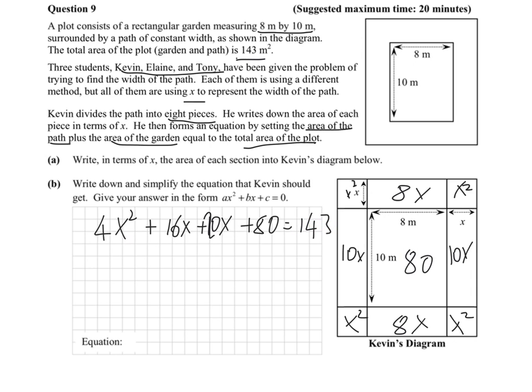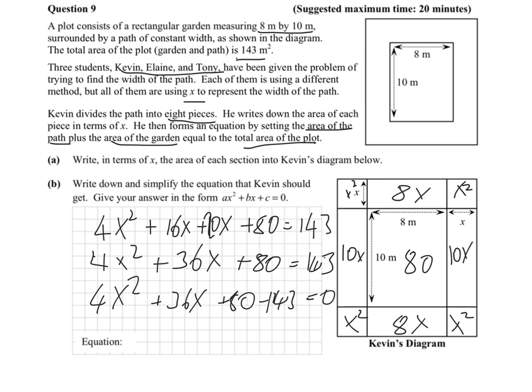Once we've done that, we just add the like terms, and we also bring this over here because we want to end up with the equation looking like this. We want to have a 0 on this side. So let's do that now. First of all, I've added the 2 x terms to get 36x. Then I've taken the 143 across to get minus 143.